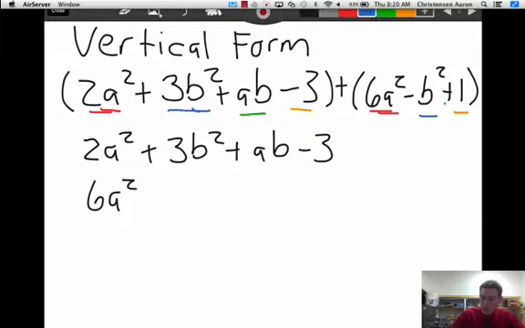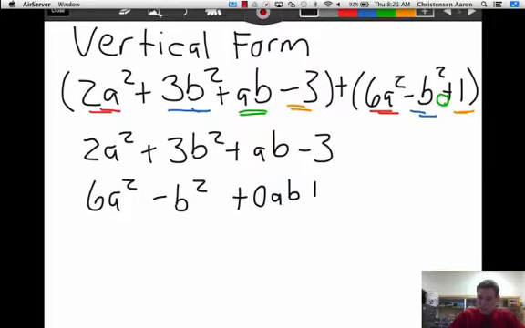We'll match up 3b squared and minus b squared, and put minus b squared down here. ab is by itself because it doesn't have a term over here. So we'll leave that as simply plus 0ab as a placeholder. And then we have minus 3 and plus 1, so we'll put the plus 1 down here. And add those up.